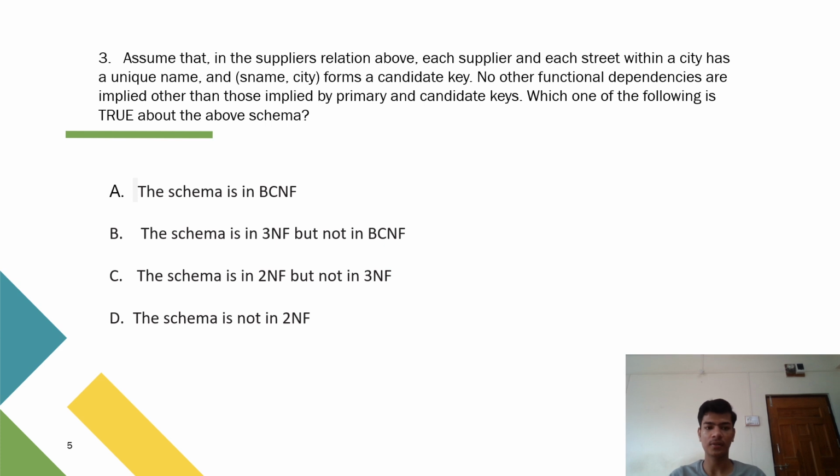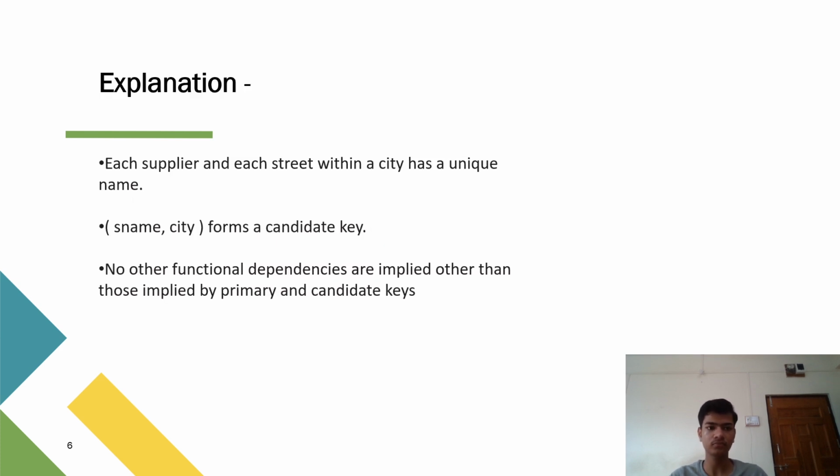Now coming to the solution, since each supplier and each street within a city has a unique name, it is a primary key, and S name comma city forms a candidate key, and there are no other functional dependencies implied other than those implied by primary and candidate key.